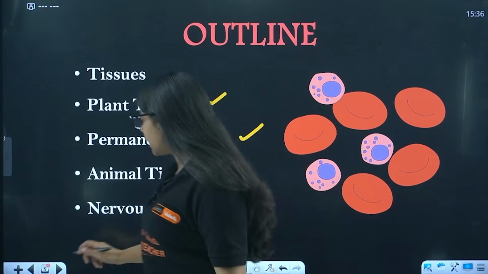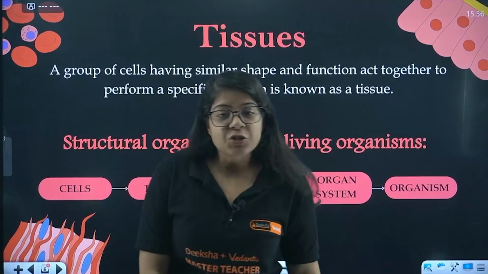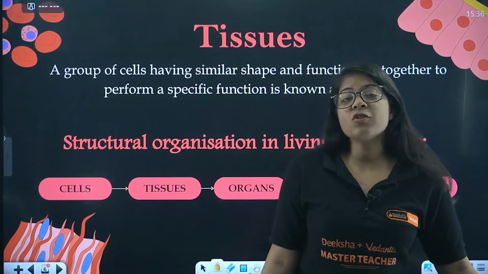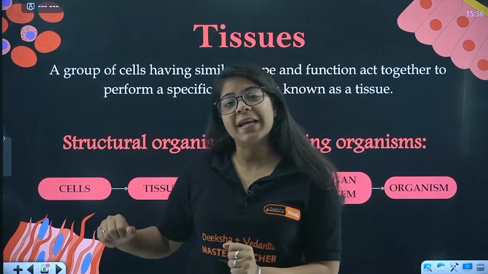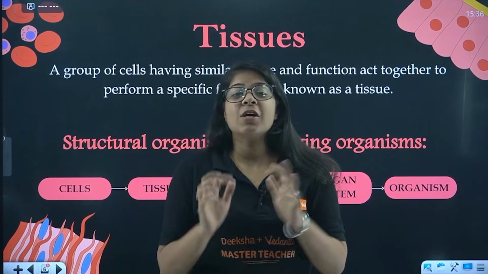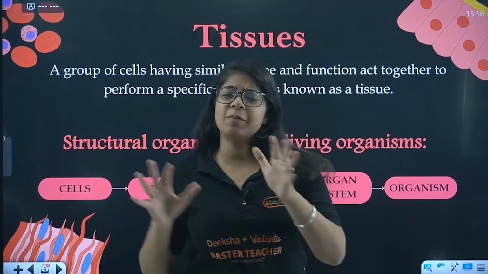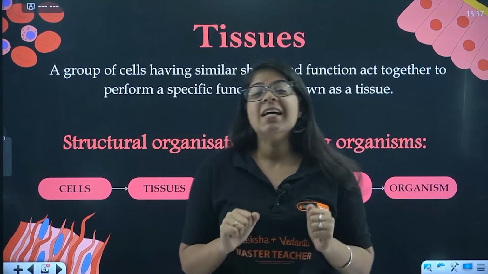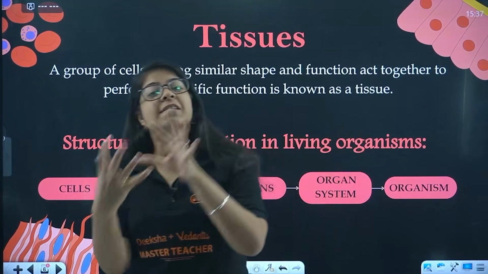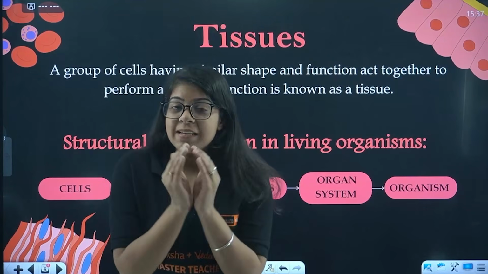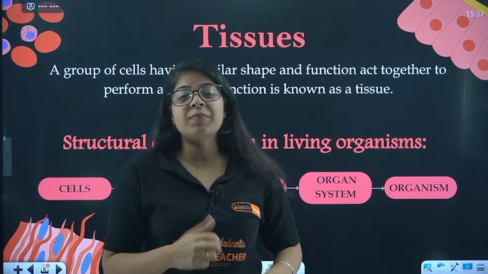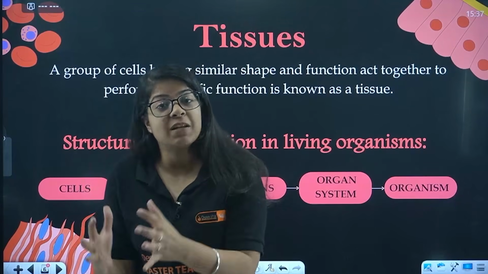Now beta, starting with tissue. What are tissues? If you stack green colored bricks, you will get a green color room. If you stack red color bricks, you will get a red color room, and similarly with all other colors. Similarly, with similar kind of bricks, that is our cells, similar kind of cells come together. They must have similar shape and they perform similar function.